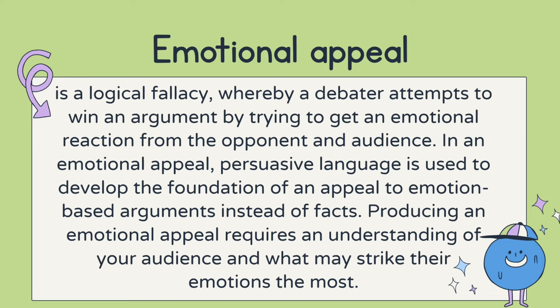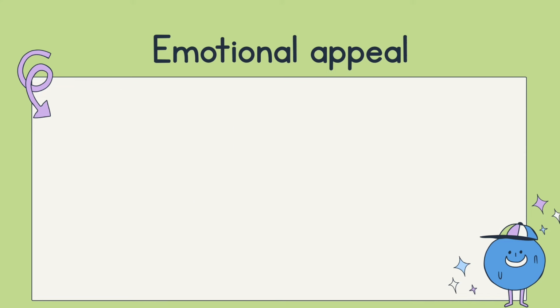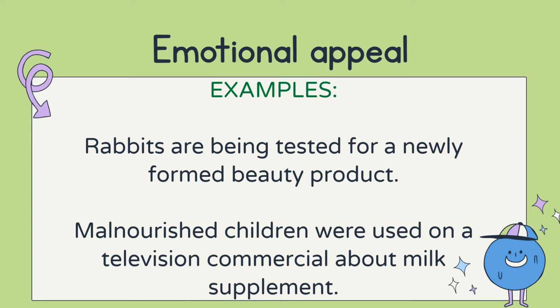Producing an emotional appeal requires an understanding of your audience and what may strike their emotions the most. Here are the following examples. Rabbits are being tested for a newly formed beauty product. And malnourished children were used on a television commercial about milk supplement.